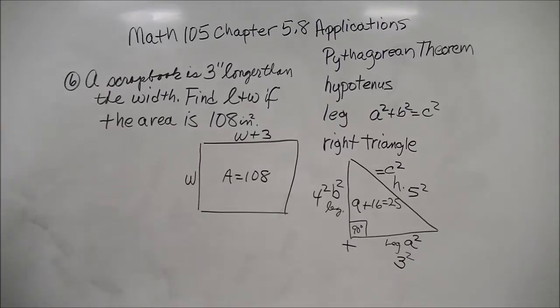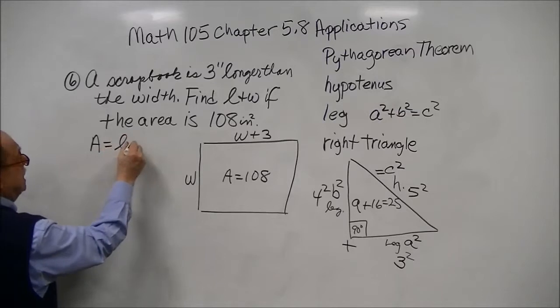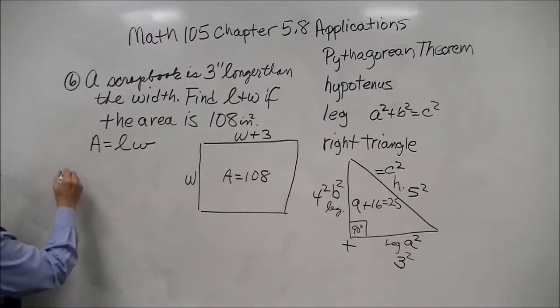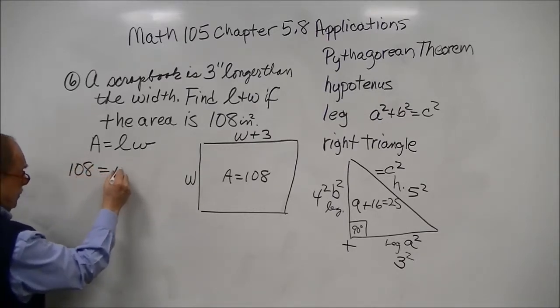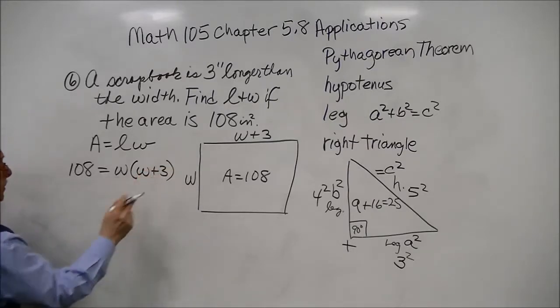So what formula are we going to use? Well, area equals length times width. So we have 108 equals the width times width plus 3, which is our length.